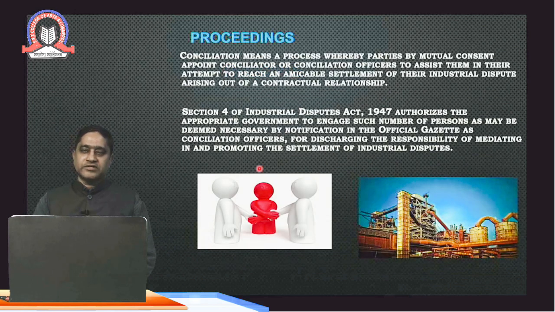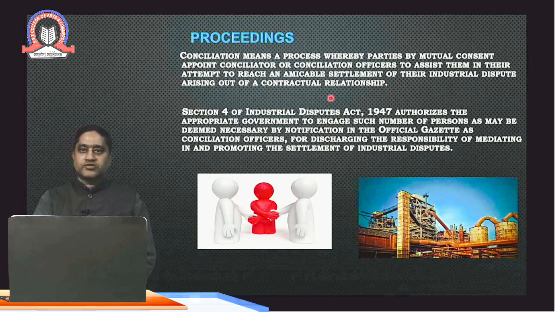Coming to the proceedings, how should he proceed? Conciliation means a process whereby the parties, by mutual consent, appoint a conciliator or conciliation officer to assist them in the attempt to reach an amicable settlement of the industrial dispute arising out of the contractual relationship.